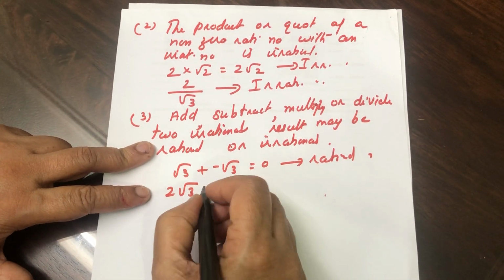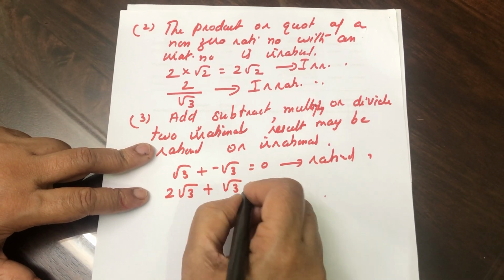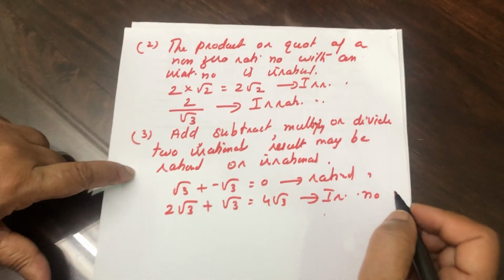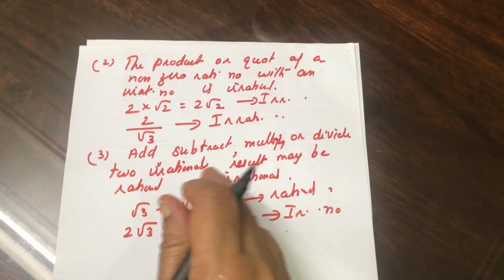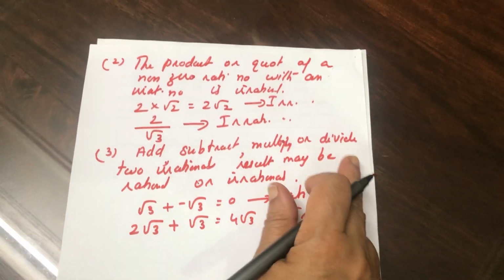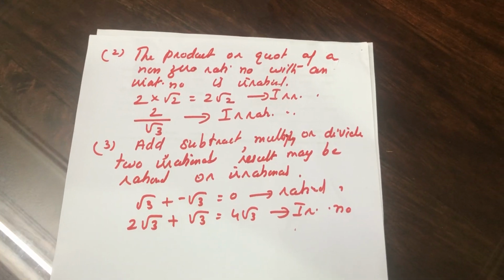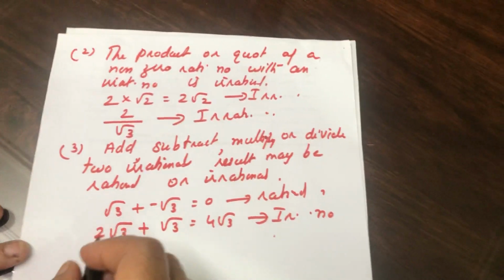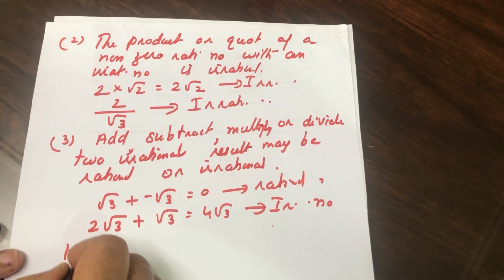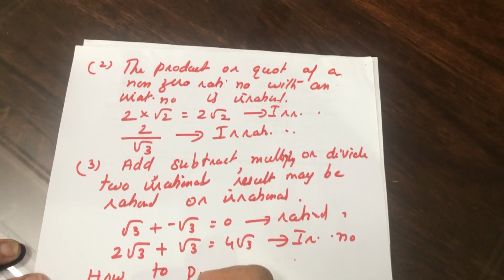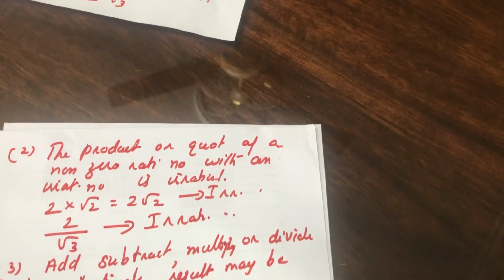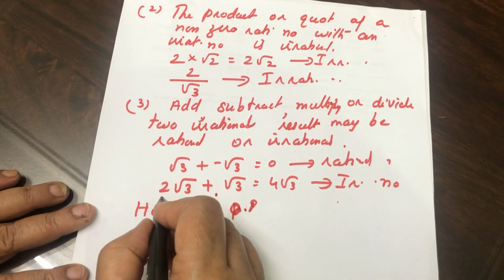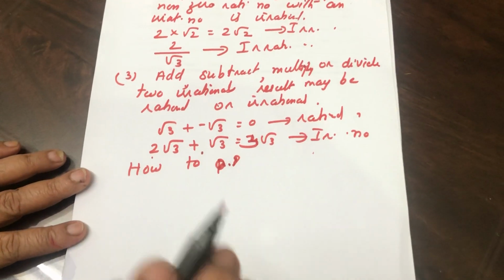Suppose you take 2 root 3 plus 1 root 3, it is not 4 root 3, sorry, it is 2 plus 1 is 3 root 3. 3 root 3 is an irrational number. So that means it may be rational or irrational. It is the same in the case of subtraction, multiplication or division.